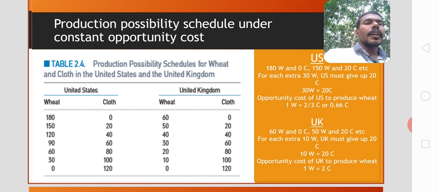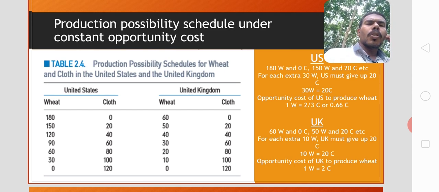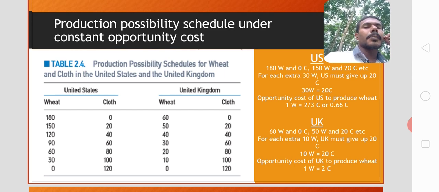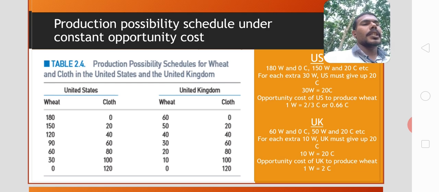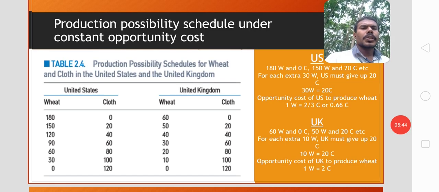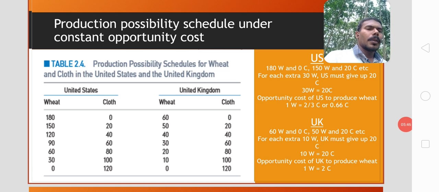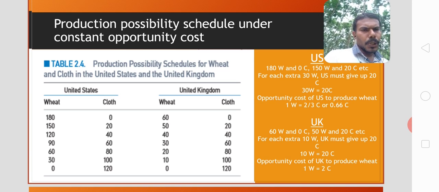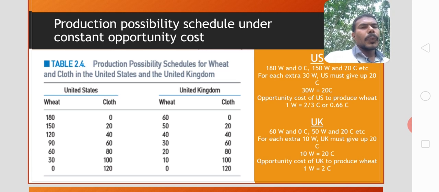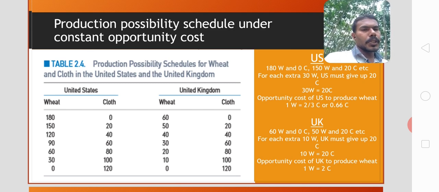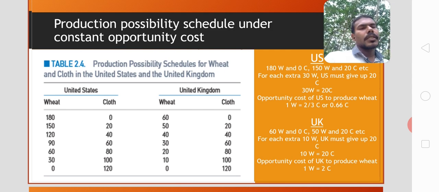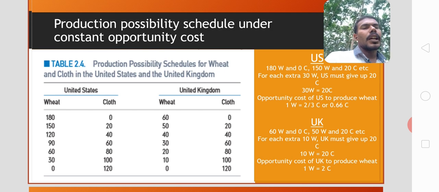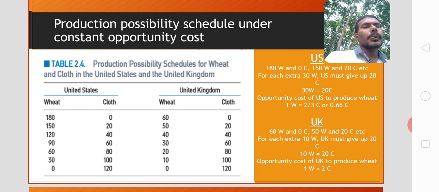And again let us look at the opportunity cost of the United Kingdom to produce wheat. So we have to compare that with the United States. So look at the production level of the UK from 0 to 10. When the UK starts producing wheat from 0 to 10, in order to produce 10 units of wheat, 20 units of cloth have to be abandoned by the United Kingdom.